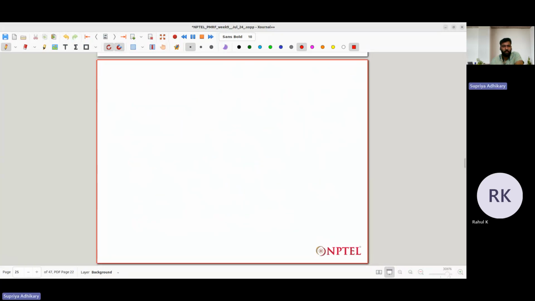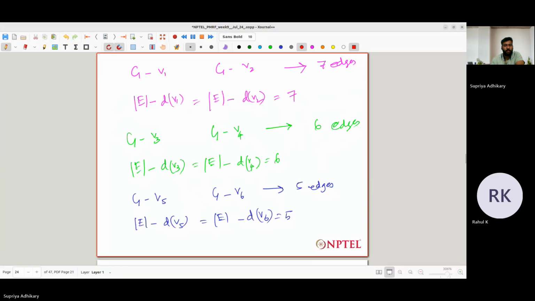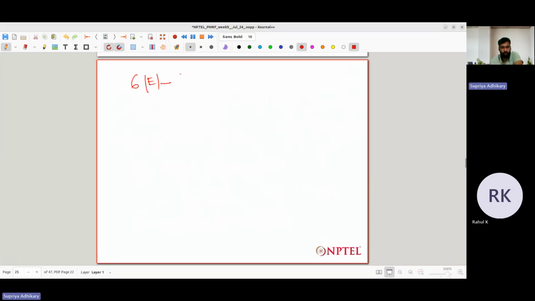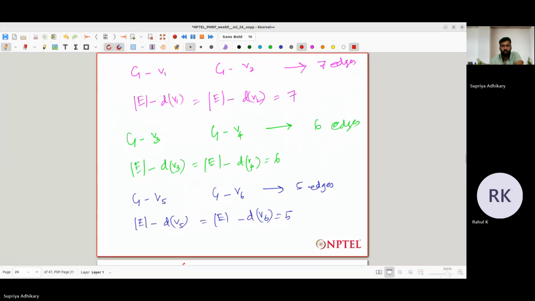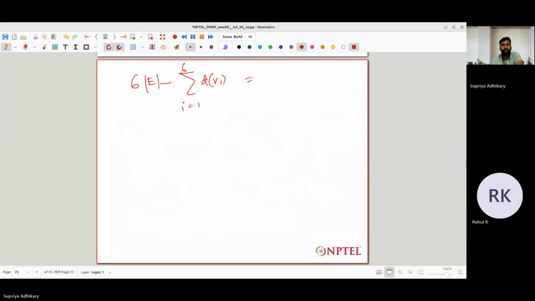And if we add them all together, then that will give us 6 multiplied by the cardinality of E minus the sum of all degrees, for i equal to 1 to 6, which is equal to twice 7 plus twice 6 plus twice 5. And what is the sum of all the degrees of the vertices?